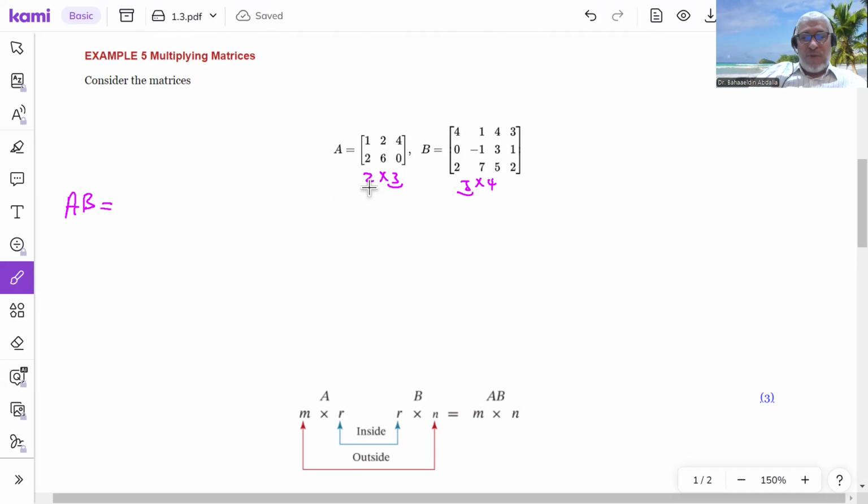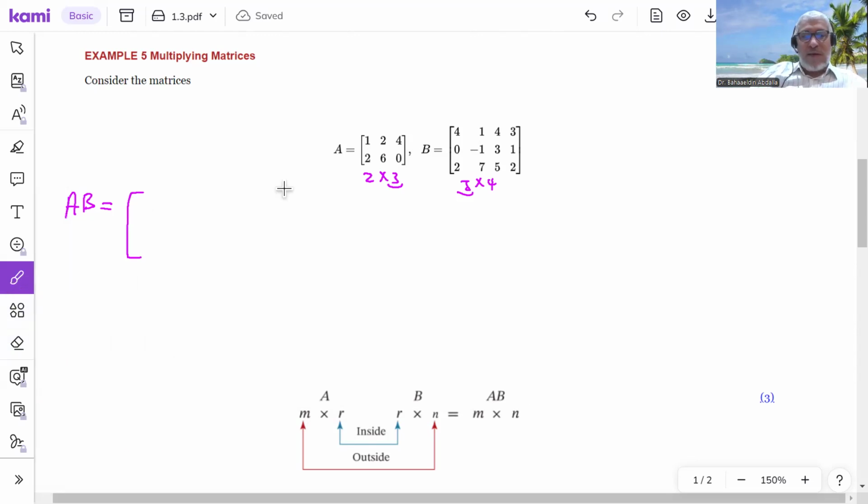And the size of the product AB would be 2 by 4. So this is what we have here. To multiply two matrices, these two should be equal, and the size of the product should be M by N. Now, how do we multiply the two matrices?